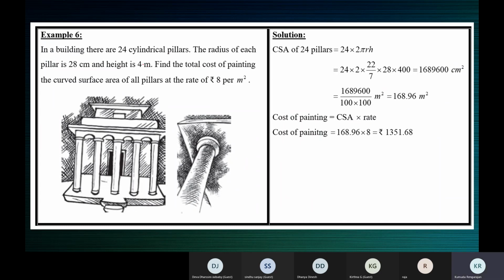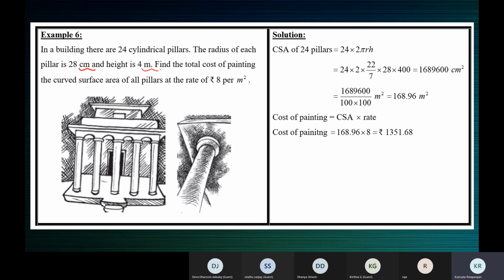One minute, I think there's a printing mistake here. This should be in meter. Not a printing mistake, sorry, I made a mistake in typing maybe. I found it in centimeter square. But the height cannot be in centimeter for a pillar. Let me just look into the question, children. I'll confirm the units, just give me a minute.